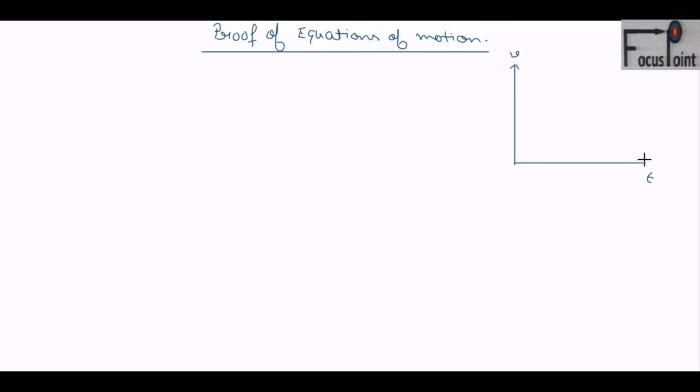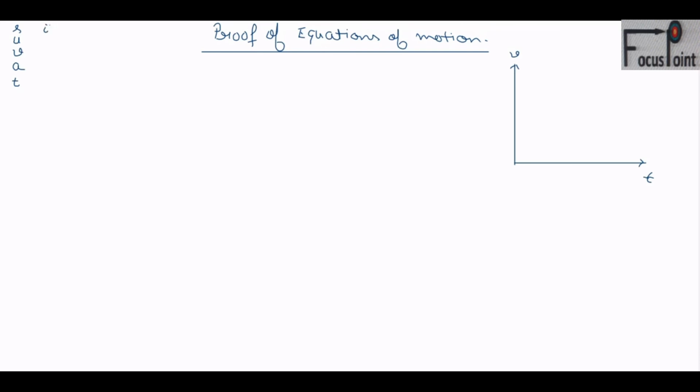Because total how many parameters are there? One is displacement, yes. Displacement, acceleration, velocity. Velocity means initial velocity also, final velocity also, acceleration also, and time also.